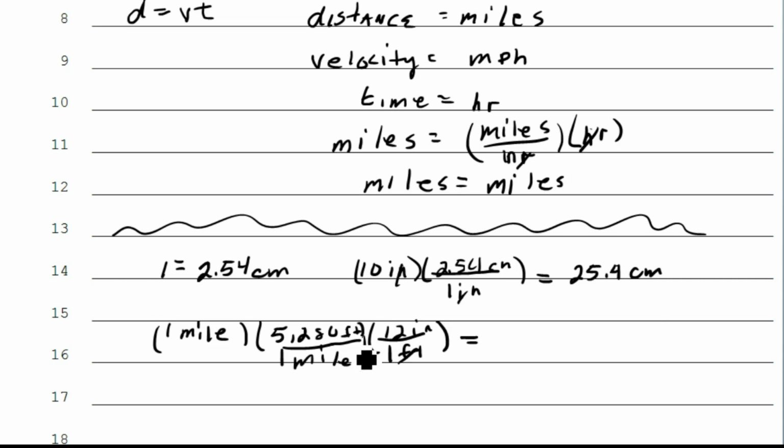All this cancels on the bottom. They're all ones on the bottom. The feet cancel, miles cancel. And you're left with 5,280 times 12, and you get 63,360 inches in a mile.